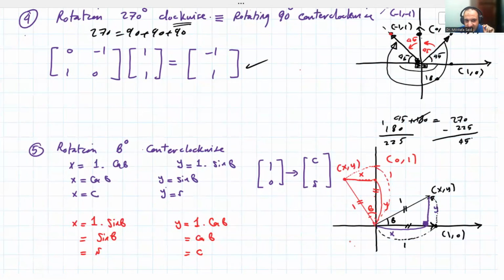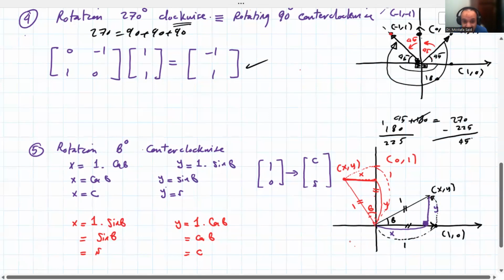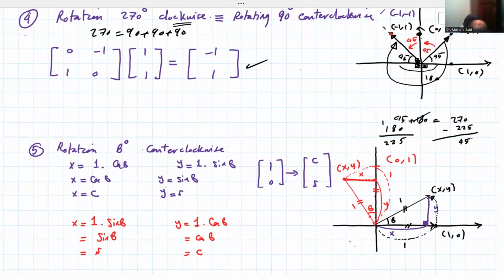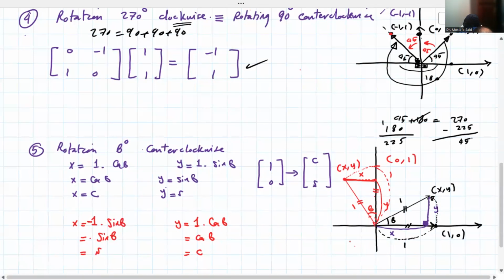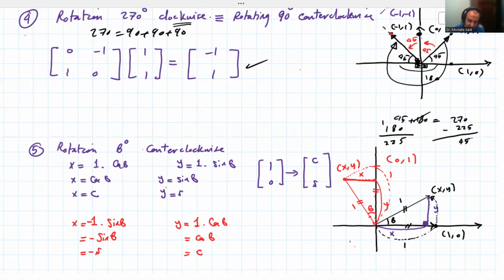But one thing I just missed, and thank God I remembered it: x here is negative. So that's basically minus sine theta. We're going to put this minus to compensate for the fact that this is on the negative x-axis.